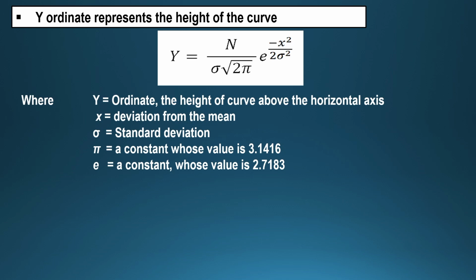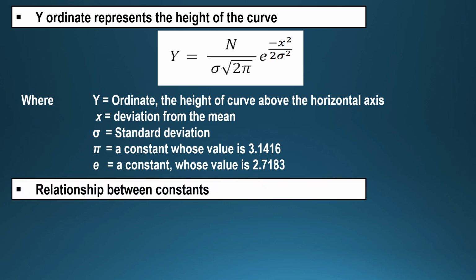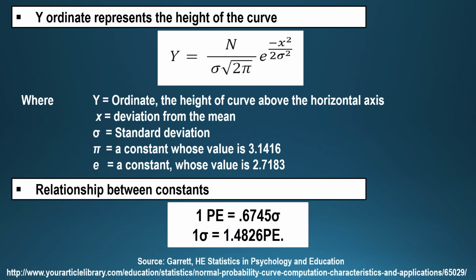There is a relationship between the constants. One probable error is equal to 0.6745 sigma, or in other words, 1 sigma is equal to 1.4826 probable error.